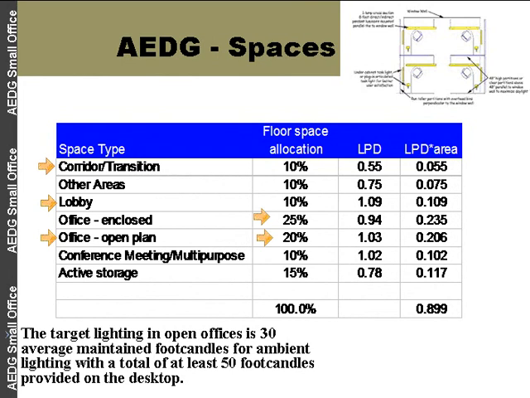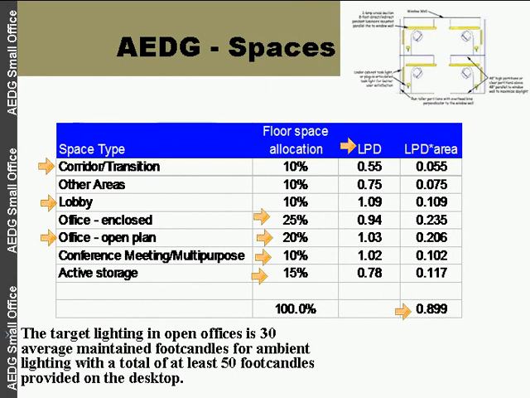The enclosed office, private office, makes up about 25% of the space, and meeting rooms, conference rooms, 10%, and storage about 15%. And then if we applied the lighting power densities that you see there under the LPD column, that gives us our total LPD of 0.899, so just under our 0.9 watts per square foot.